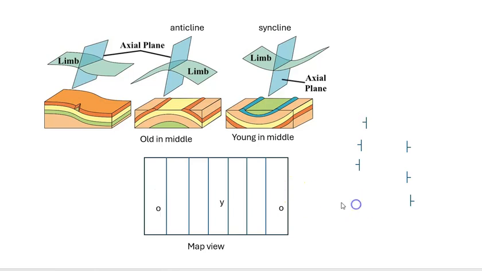Okay, so in this scenario where we know the ages, you're given the ages. I think I'd use numbers to do that in the homework. Old in the middle is always an anticline. Young in the middle is always a syncline. So you can use ages to tell you what's going on there. So that's one way we can do it.